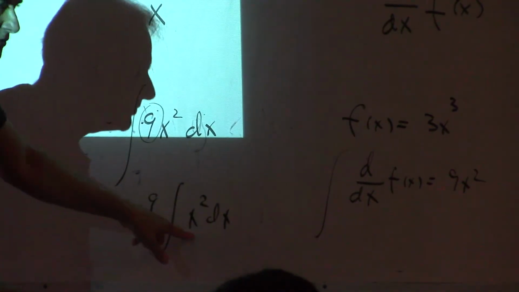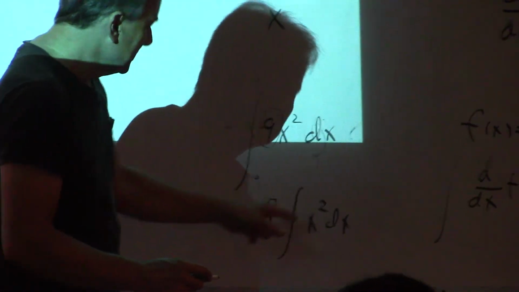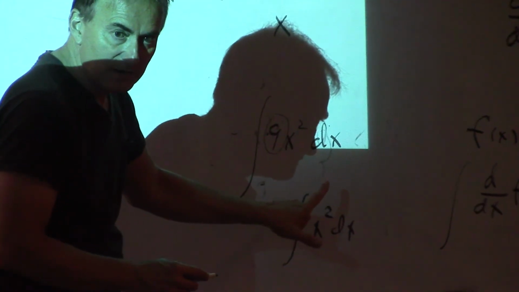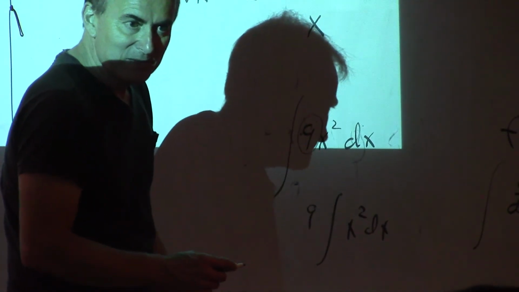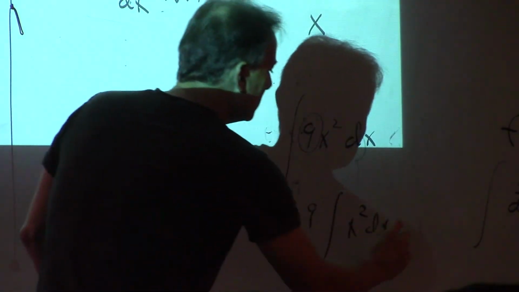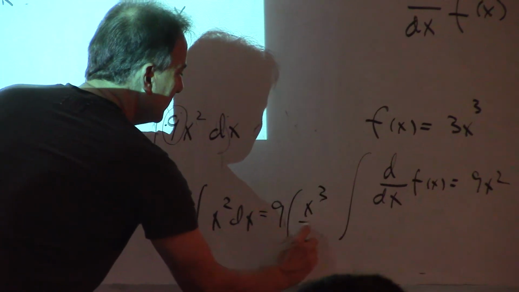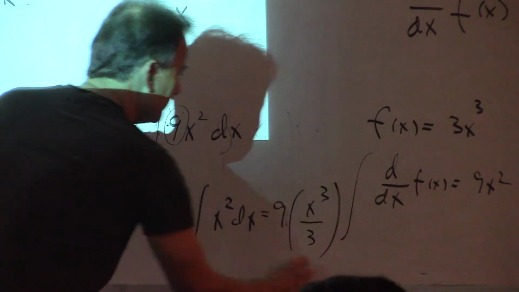And then to integrate the function, rather than decreasing the power, we increase the power by 1, and we divide by the same value. So that's going to equal 9 times x to the 3rd divided by 3.